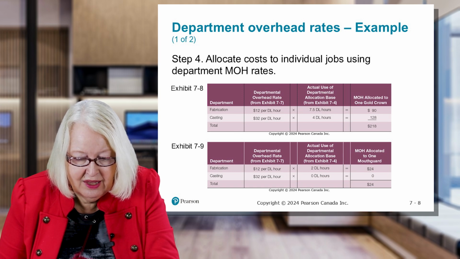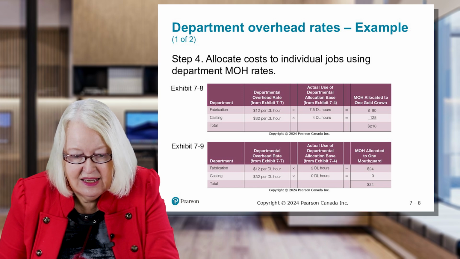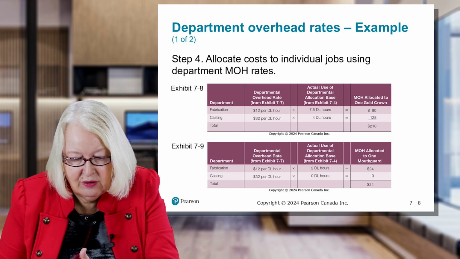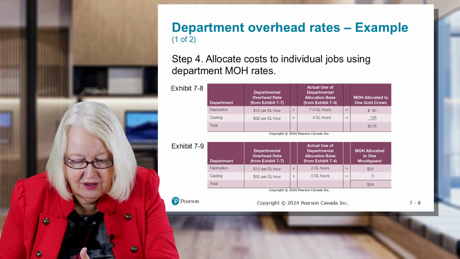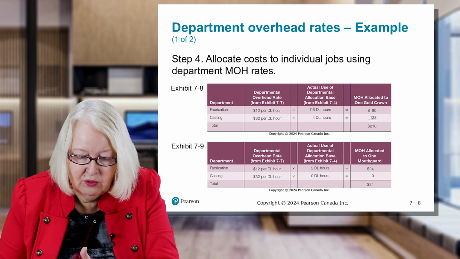So multiply that out, it'll give you $90 in fabrication cost, and then in casting cost, we've calculated that that is $32 per direct labor hour, and they're spending 4 hours, that's $128. So in total, you are allocating $218 in overhead to the gold crowns.